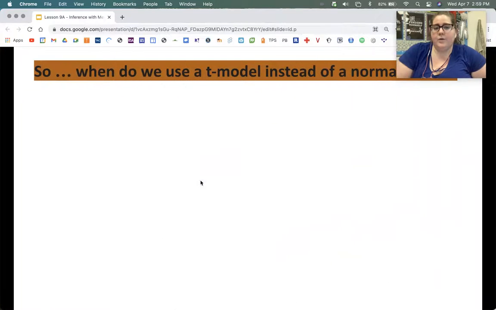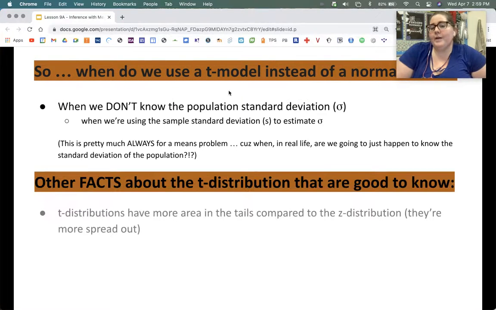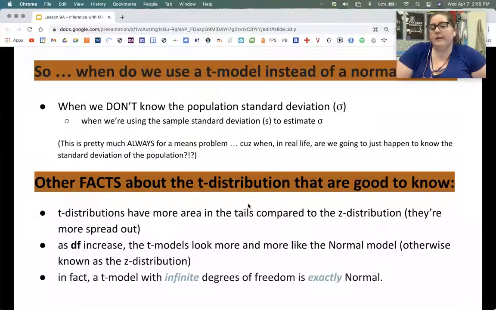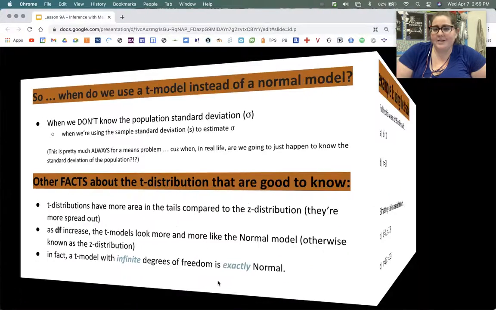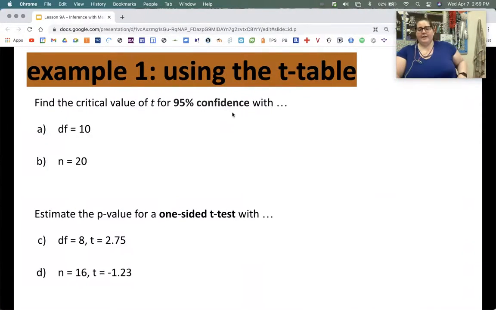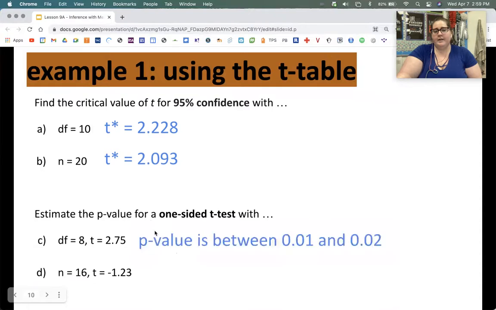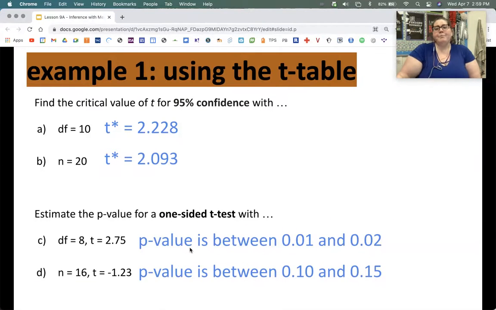I also went through when we use a t-model and facts about it. And then we talked about how to use the t-table, which is another table that you are given on the AP exam to calculate certain values that you might need. I did note in class, and I'll note again, really it's only on potentially multiple choice questions where you might have to know how to use the table.